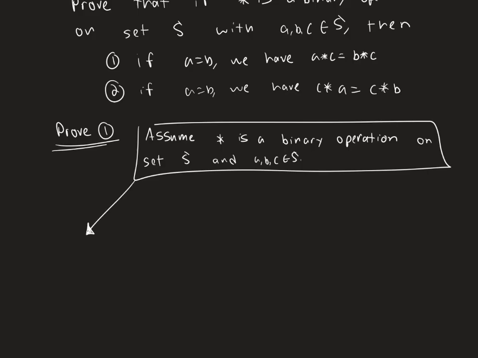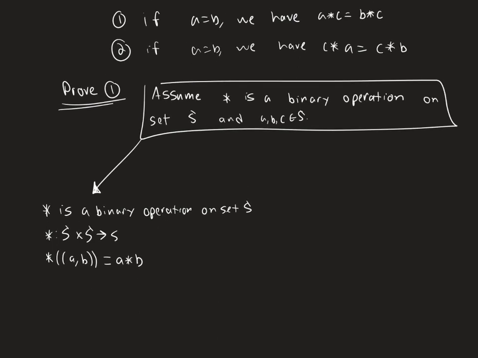Star is a binary operation on set S, so that means star goes from S cross S to S. What else do we know? Star of AB can be written as A star B. That's the notation.